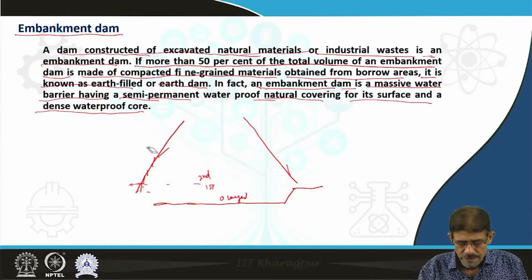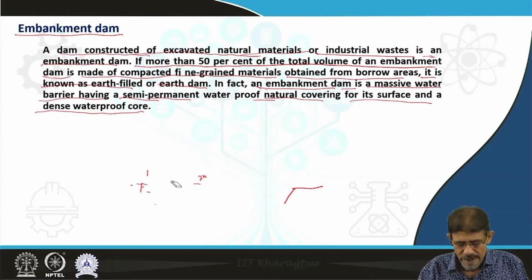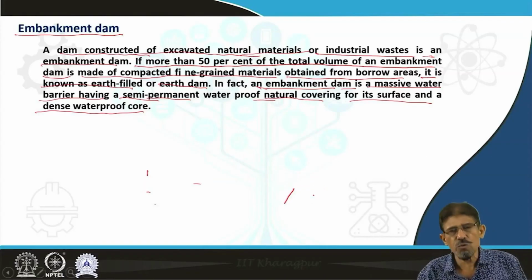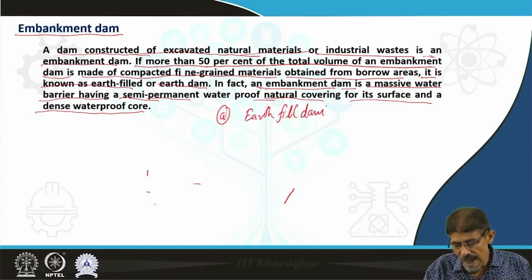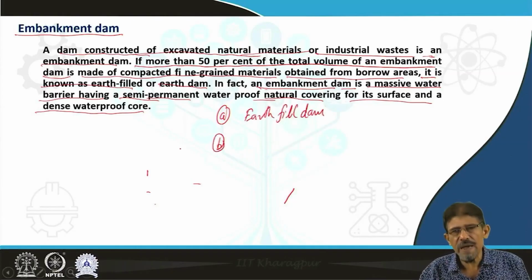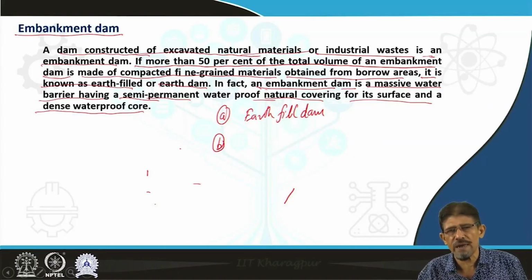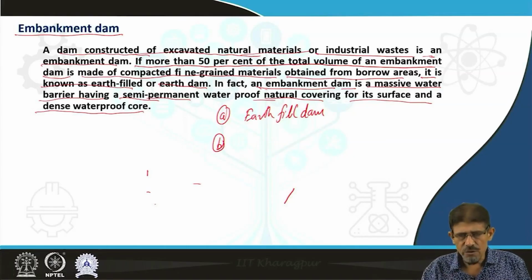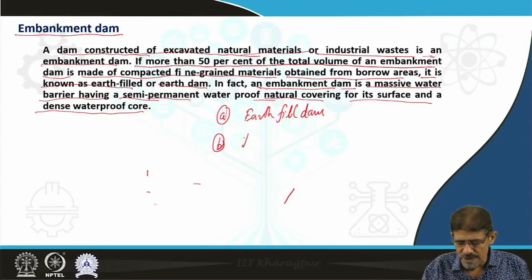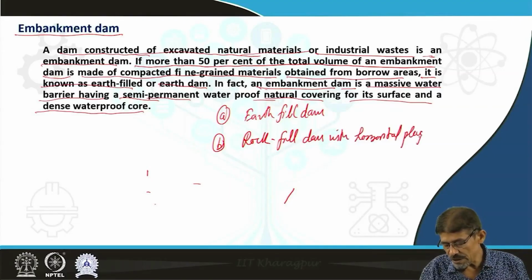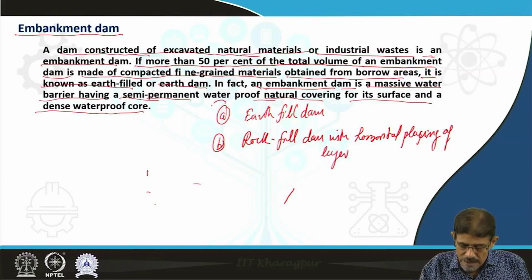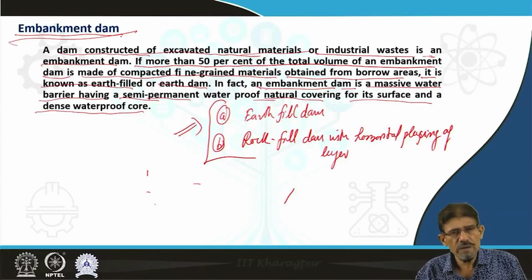In view of the division, this embankment dam can be categorized in two categories, which we have already discussed: earth-filled dam, and if in the same fashion we place boulder, then earth, then boulder, then earth, then you can also recognize a partially rock-filled dam with horizontal placing of layers. This earth-filled dam is purely belonging to the embankment dam.